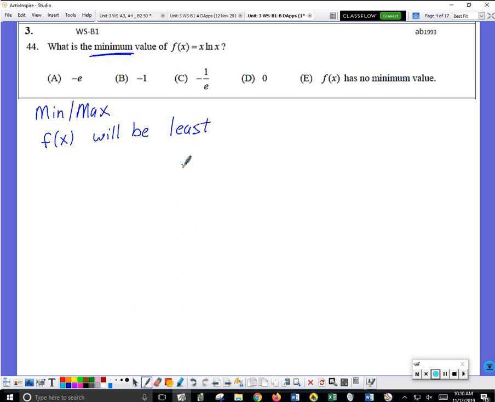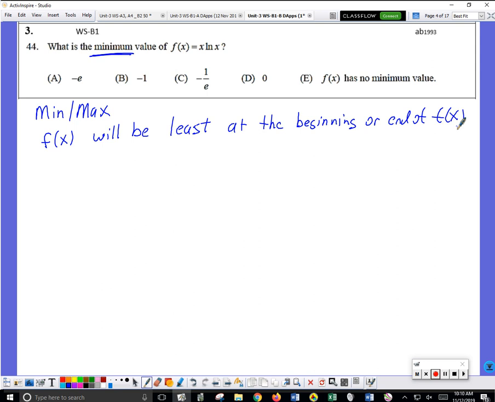So f will be least at the beginning, or back up, end, so the beginning or end of f. There's a few different ways to write this. I'll probably do it a little different each time.